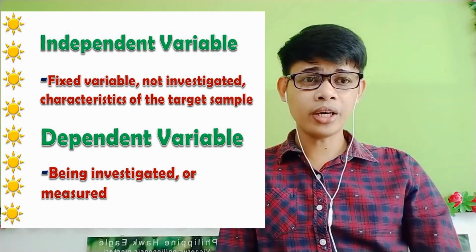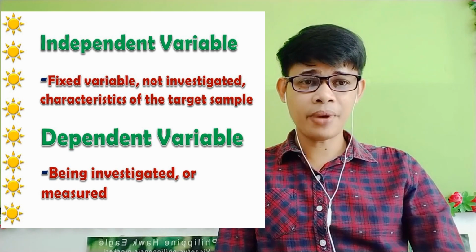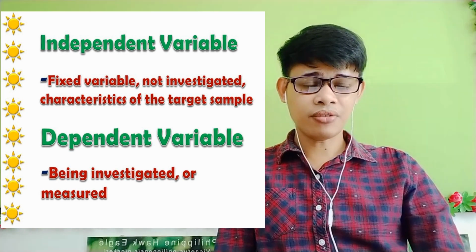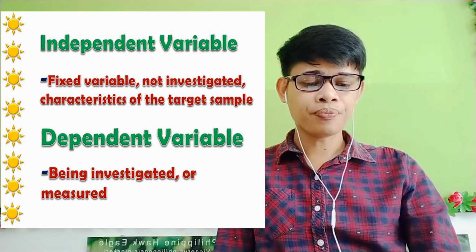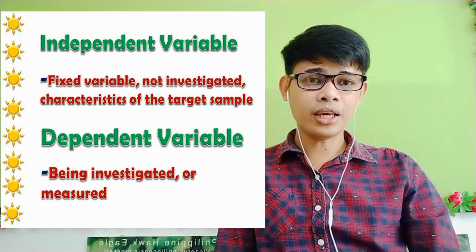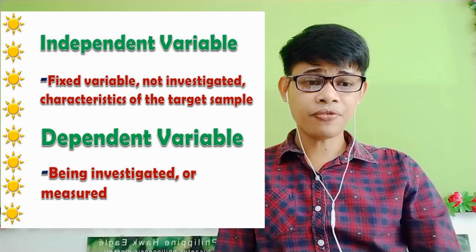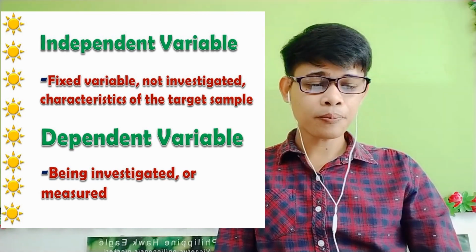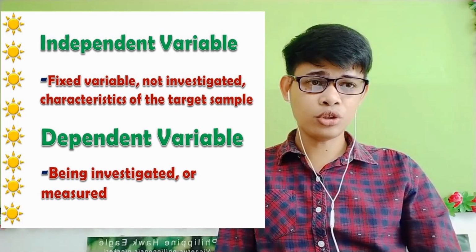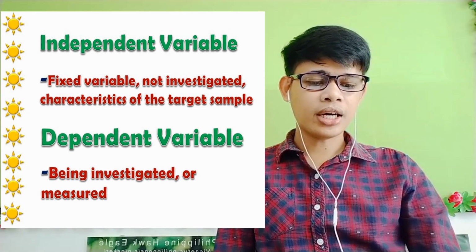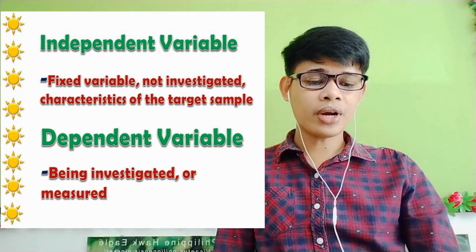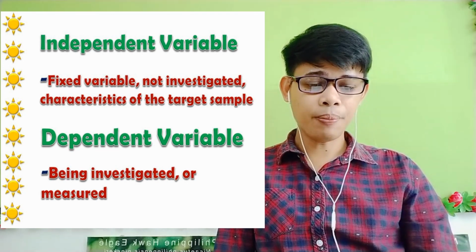How are we going to identify which one is the independent and which is the dependent variable? So we have here the definition of an independent variable. The independent variable is fixed. It is a fixed variable, and it is not usually a subject for investigation, but still it is a characteristic of the target sample.